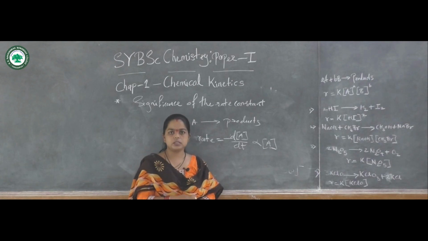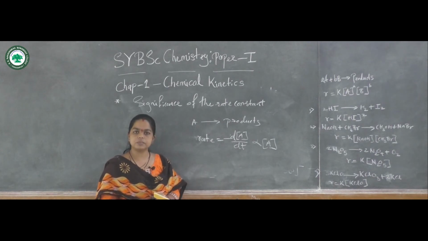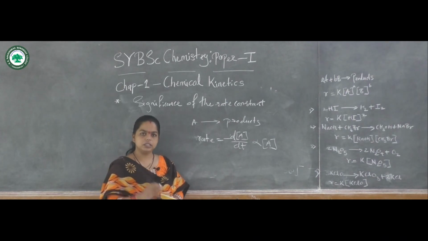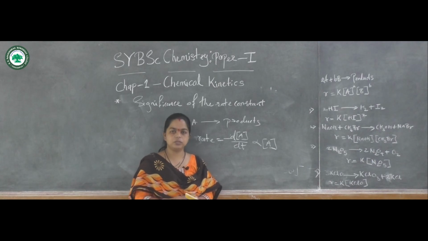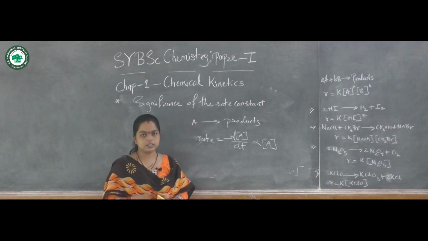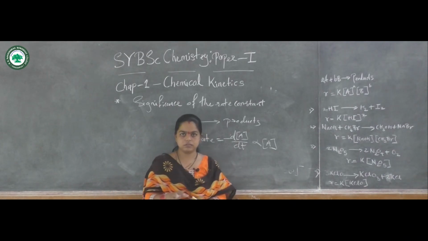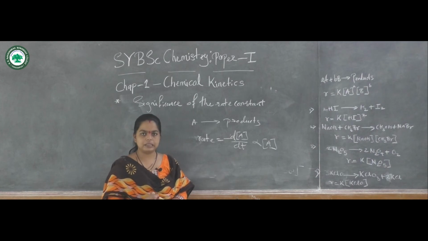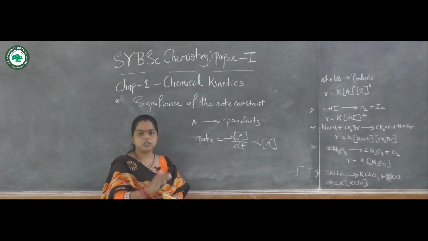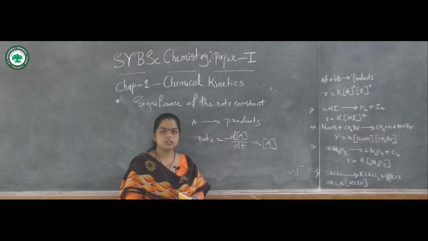So this rate constant is a characteristic property for the given reactant. If the reactants are changed, the rate is also changed. For a particular reactant, the rate constant will be specific at a given time at constant temperature. So this is the first significance.